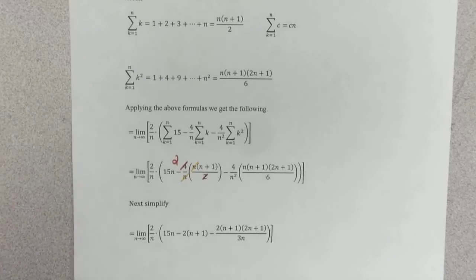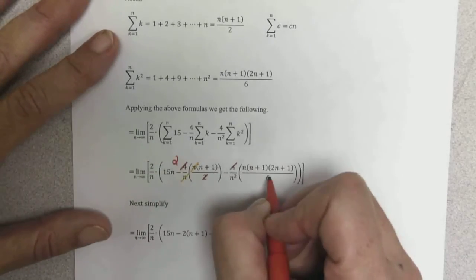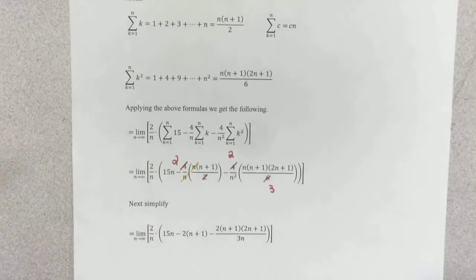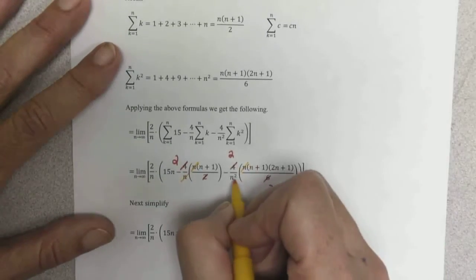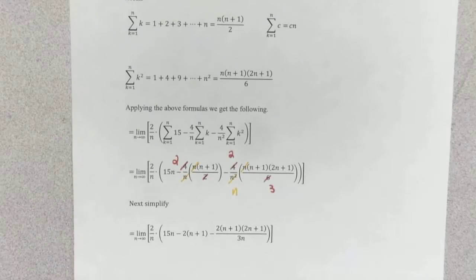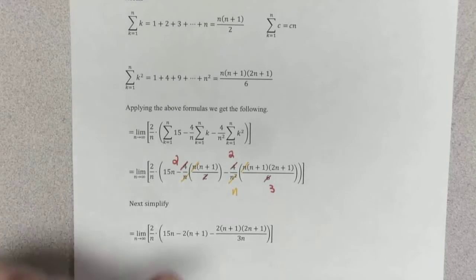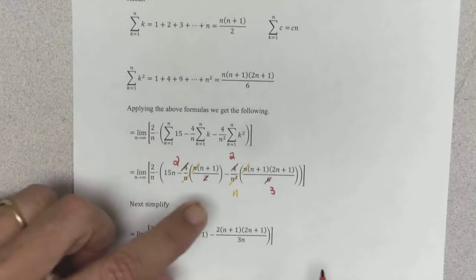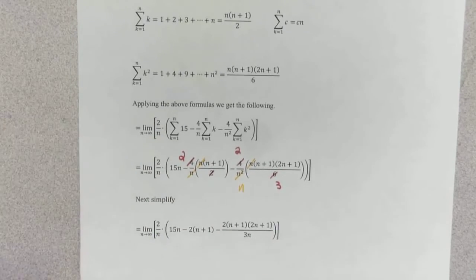On the next one, the 4 and the 6, I can divide those by 2, getting 2 and 3. The n and the n squared canceled, leaving an n. So in the numerator, I have a 2, an n plus 1, a 2n plus 1, and in the denominator, a 3n. So all we did was some basic simplification there.